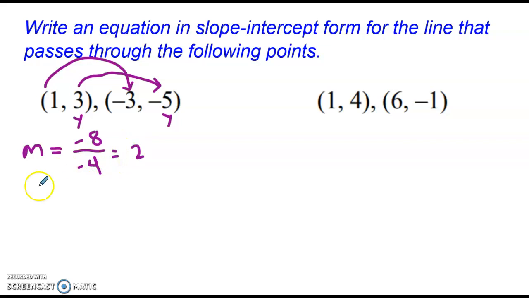Now, just like we did a moment ago where we plugged in x and y values, we're going to do the exact same thing here. And here's the interesting thing. It doesn't matter which ordered pair you use, because remember, both of these ordered pairs are solutions for the equation. So you can use either one. I'll just use the first one, 1 and 3.